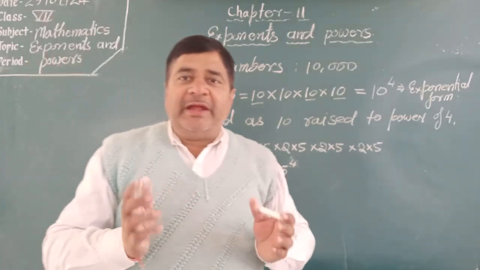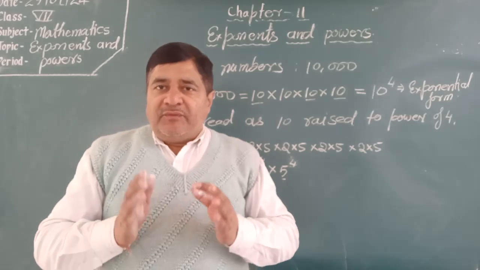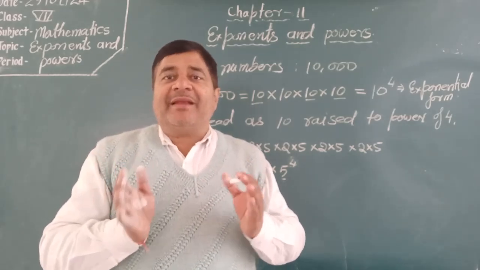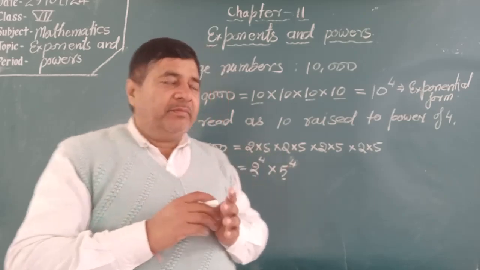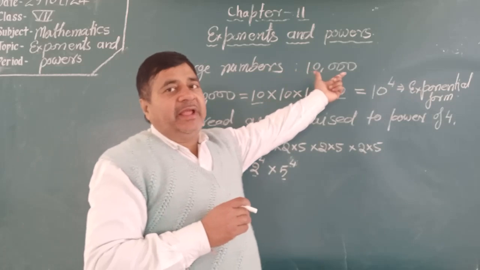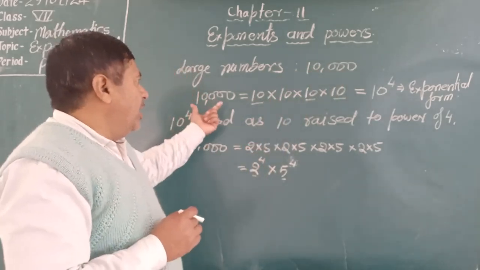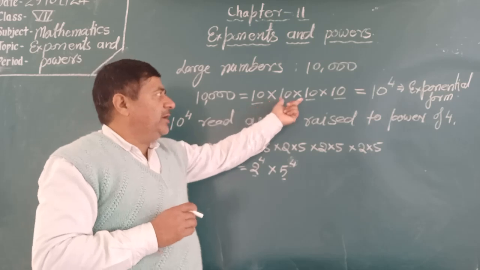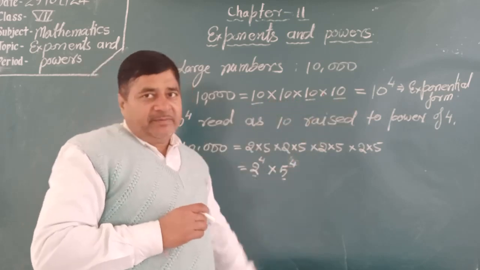In exponent and power, large numbers can be written in another form. Take a large number, 10,000. It can be written as 10 into 10 into 10 into 10.